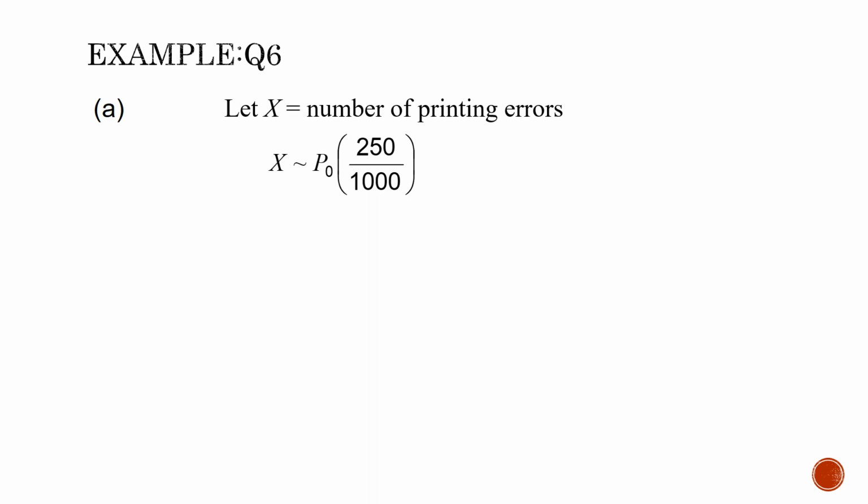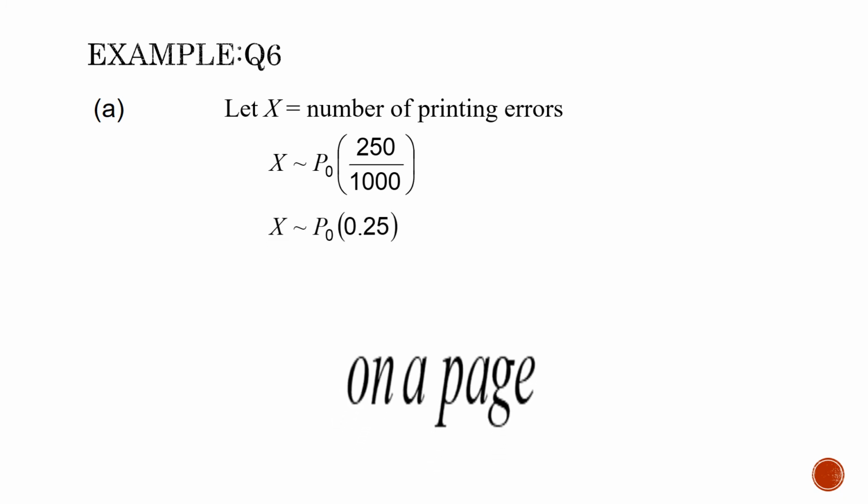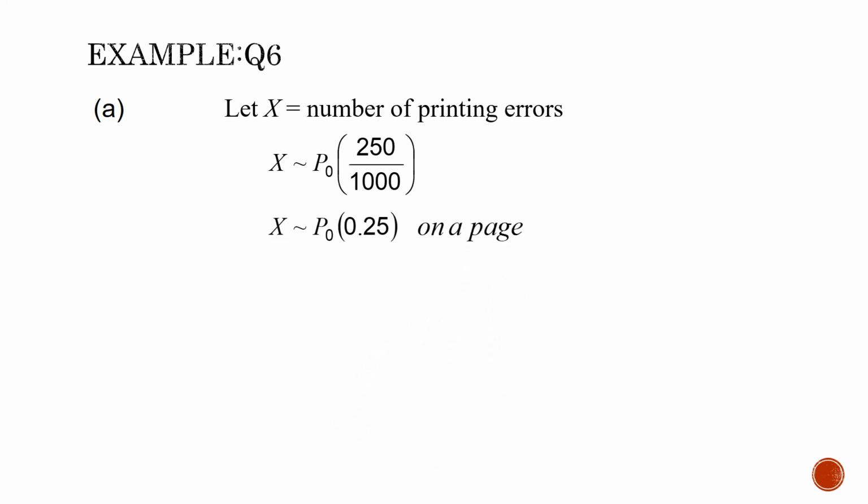Yes, your lambda is obtained by dividing 250 by 1,000. Remember, 1,000 pages has 250 printing errors. So one page has 250 over 1,000 printing errors. So your lambda is 0.25 on a page.